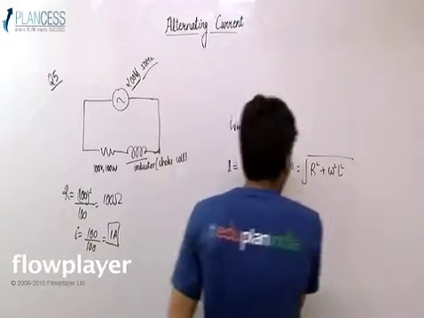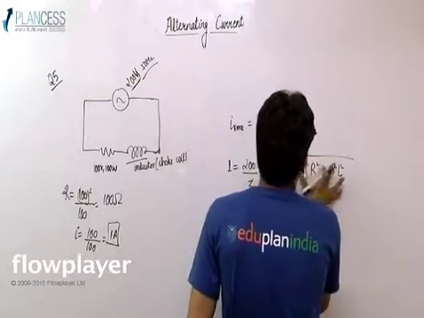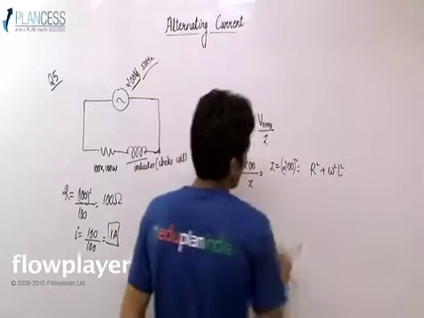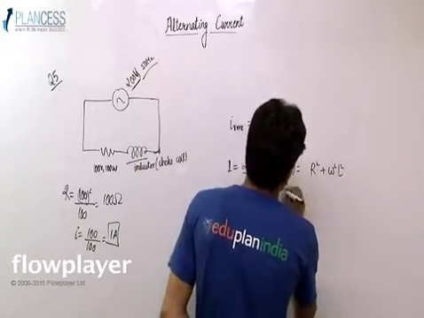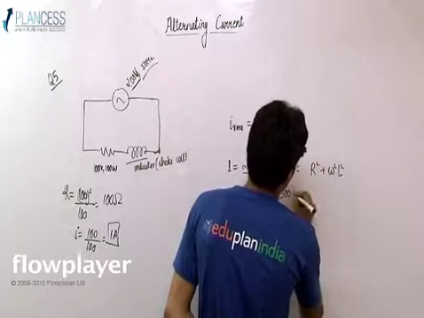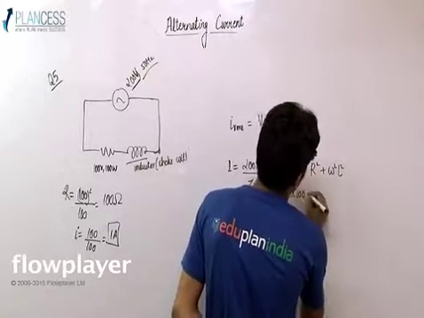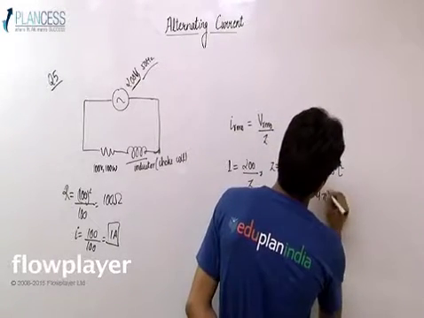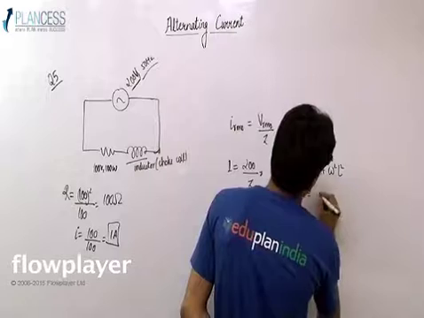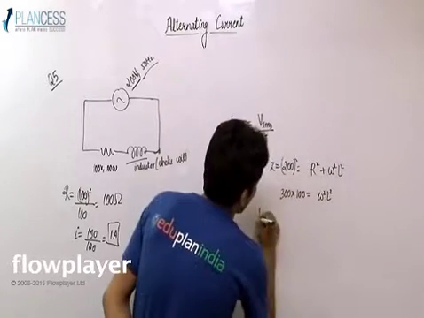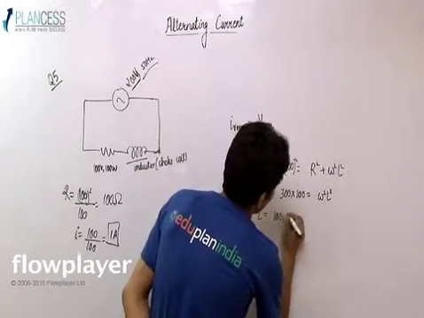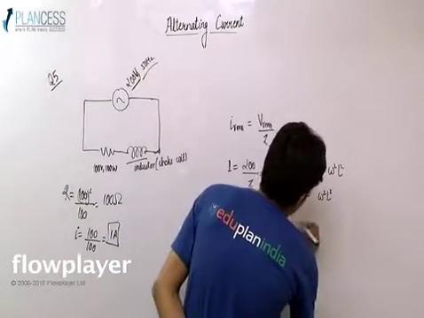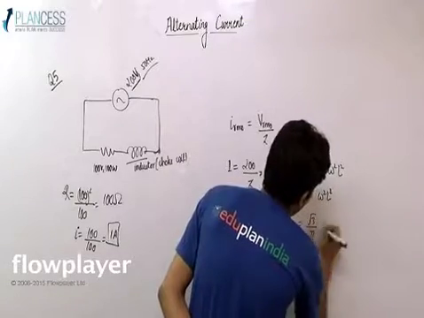So 200 square is equal to 100 square plus omega square L square. So 300 into 100 is equal to omega square L square, and L can be taken as 100 root 3 by omega, which is 2 pi into 50, and thus comes out to be root 3 by pi.